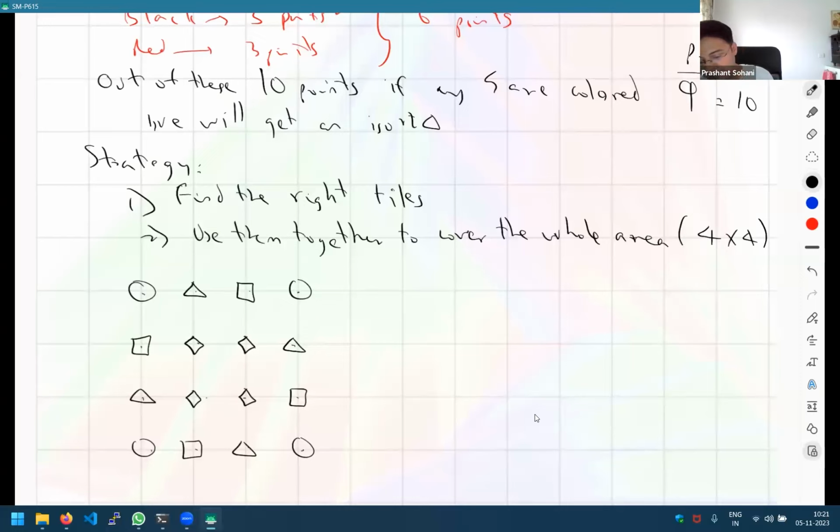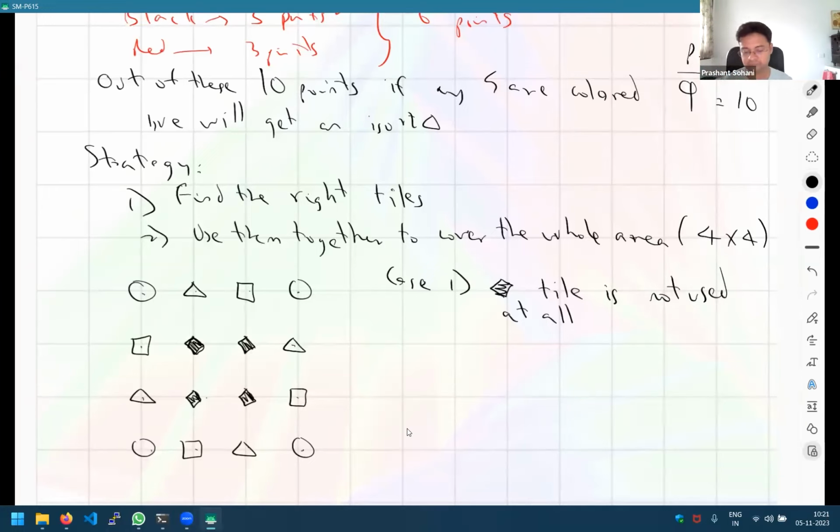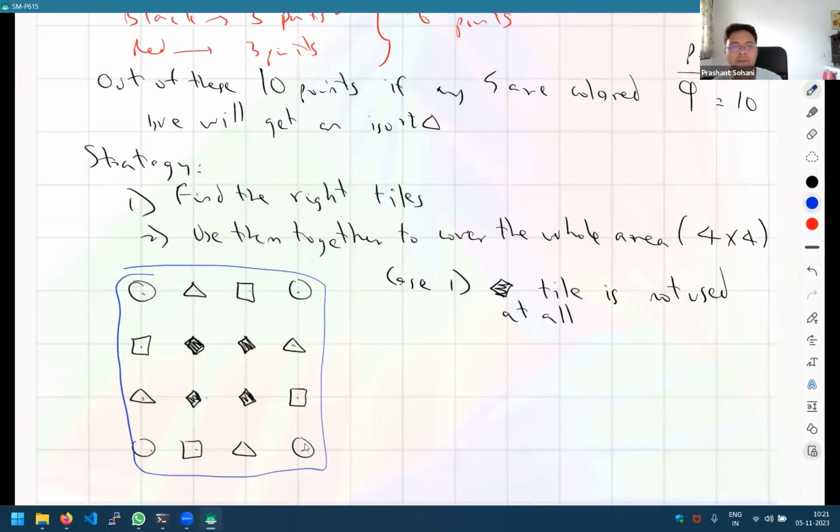So I can make cases. So case 1, the middle triangle, right? This diamond shape. So the diamond tile is not used at all. Suppose there are no points colored in this diamond tile, which means that all the 7 colored points are only in the outer ring.